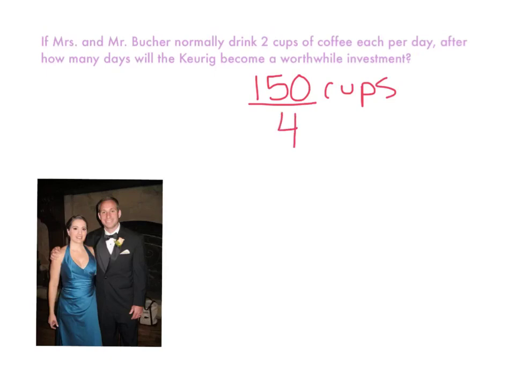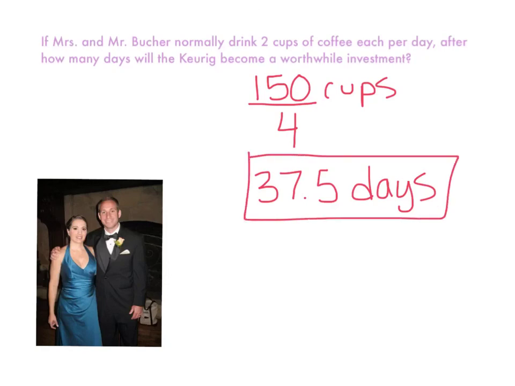And 150 divided by 4 is 37.5. So in 37.5 days, it'll start paying for itself. And we've had it for a lot longer than 37.5 days, so was it a good investment? Absolutely.